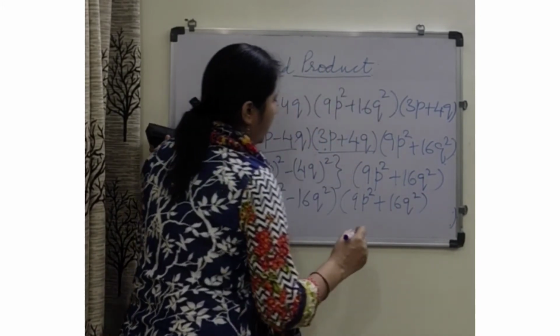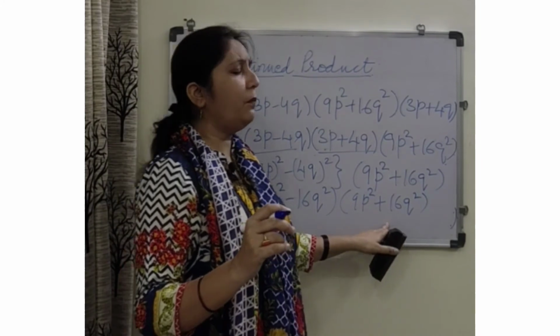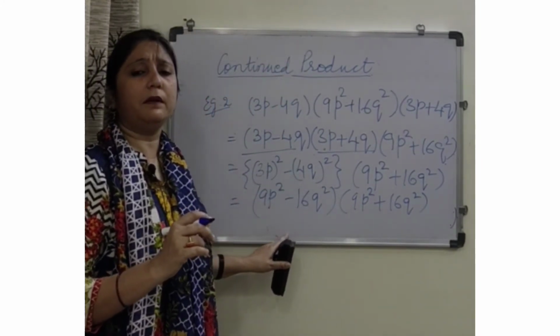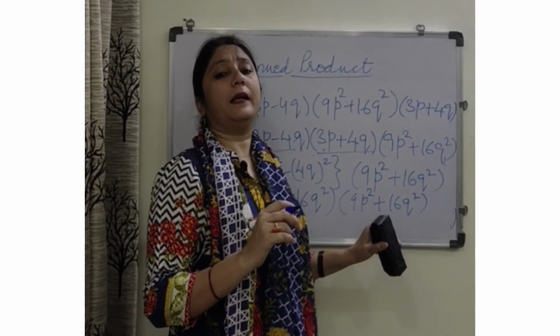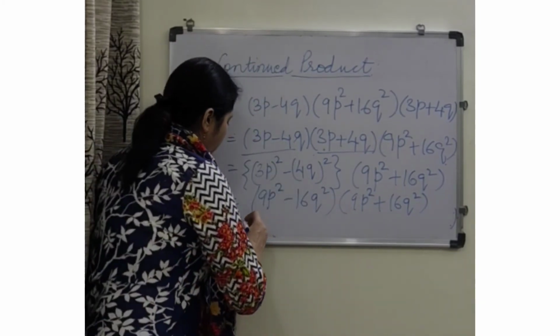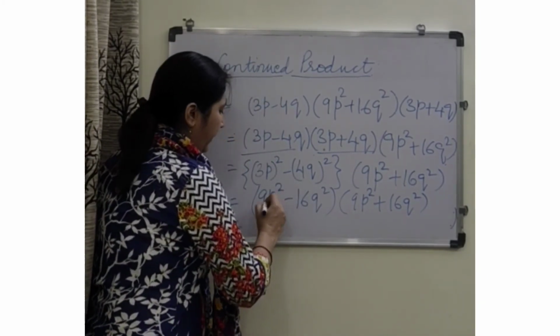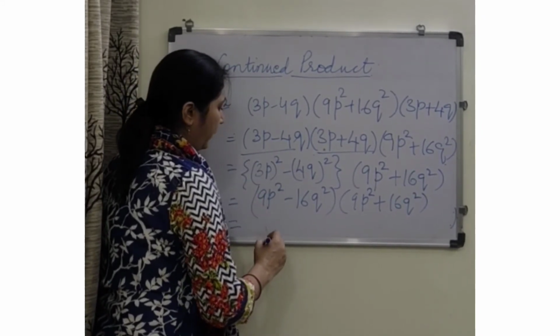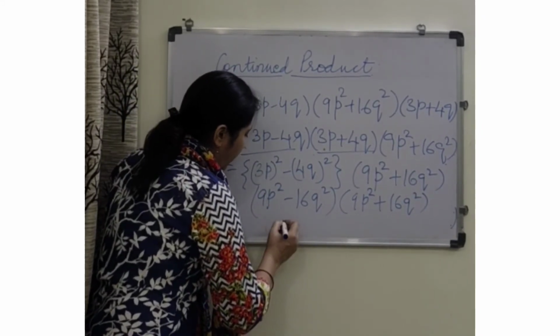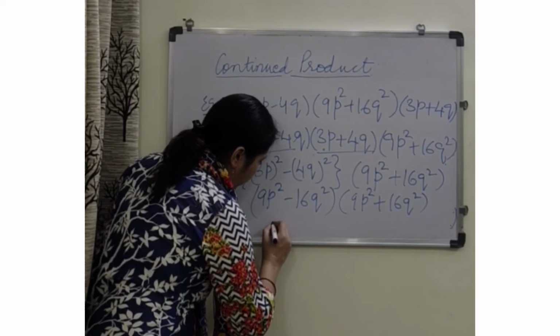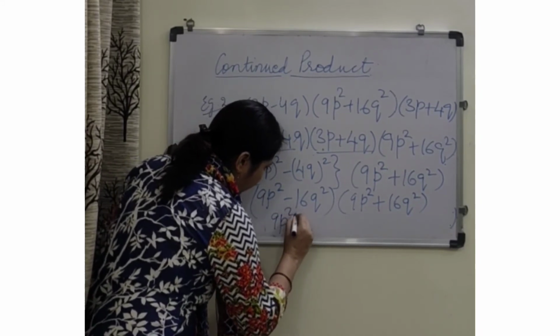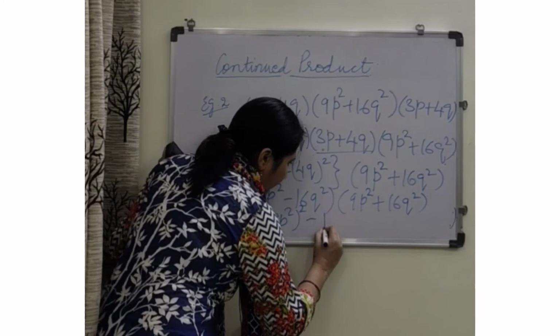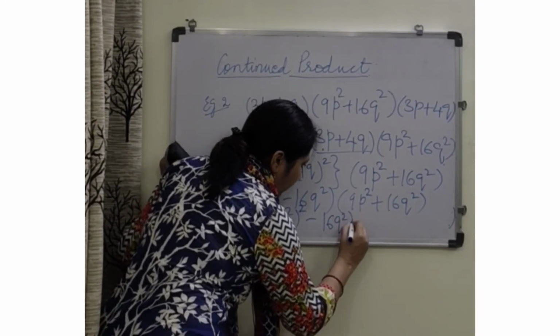Now children, you can see the two brackets again have the same terms, but the sign is different. So your a is replaced by 9p square and your b is replaced by 16q square. So finally, now your identity will give you 9p square whole square minus 16q square whole square.